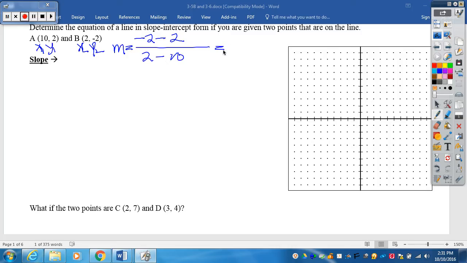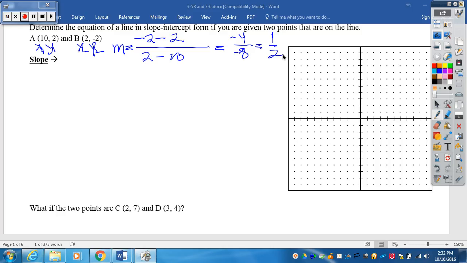And that was a 10, that last number. I know it's really sloppy there, but that's a 10. Okay? -2 minus 2 gives me -4. 2 minus 10 is -8. A negative divided by negative is a positive. 4 divided by 8 is 1/2. There's the slope of my line.